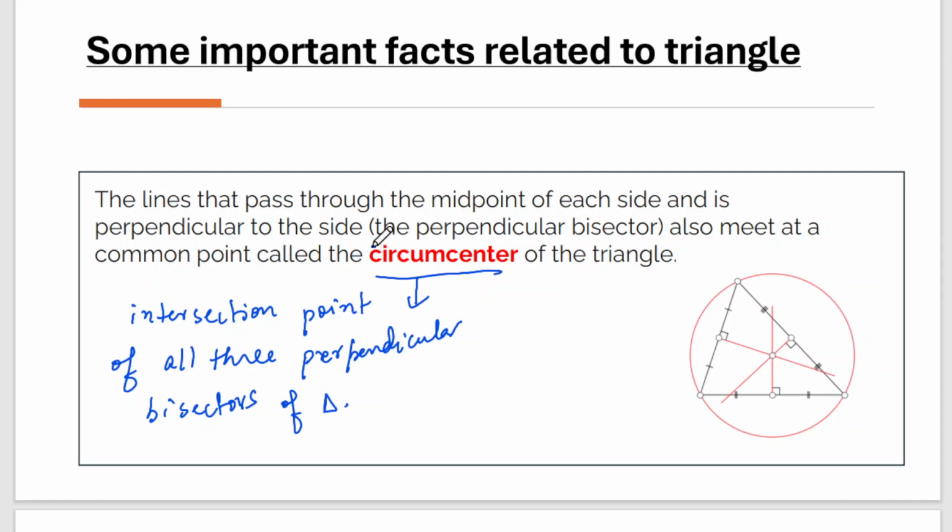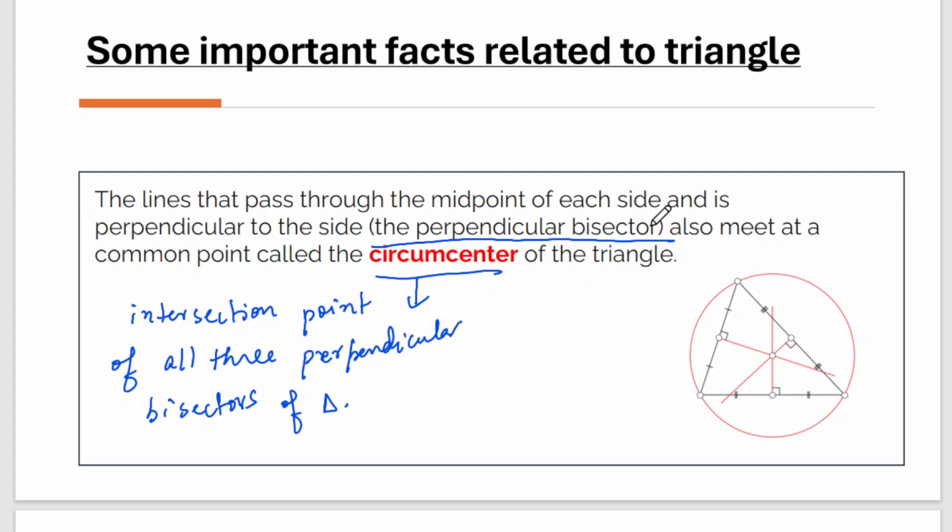See, perpendicular bisectors of triangle. Now, if you read the definition, the lines that pass through the midpoint of each side and is perpendicular to the side, that is perpendicular bisector, also meet at a common point called the circumcenter of the triangle. That means circumcenter is the point of intersection where all the three perpendicular bisectors meet.